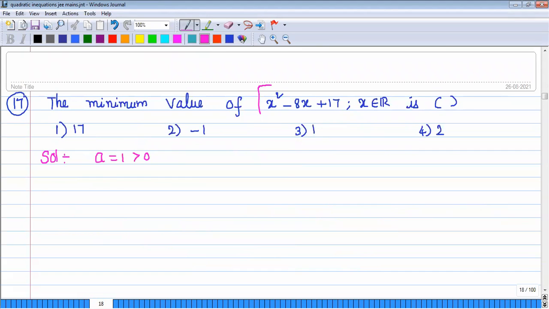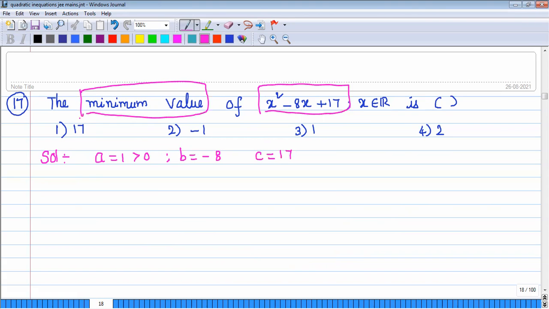Obviously, this expression has a minimum value only. Here b equals -8, c equals 17. You are asked the minimum value of this function, f minimum.